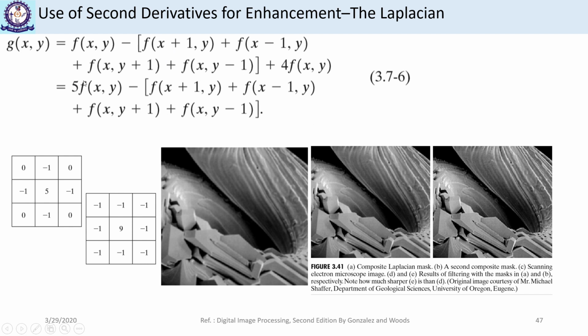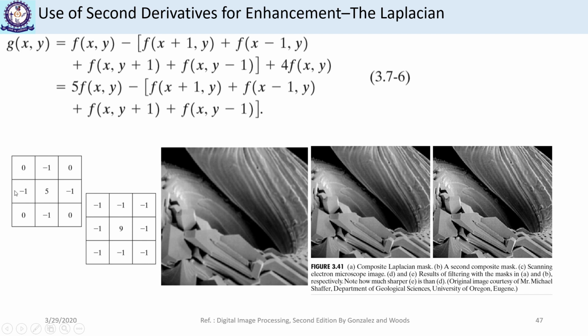Now if I want to write filter coefficients corresponding to this equation, the multiplier of fxy is considered the center coefficient. So fxy has the coefficient 5, so this is the center coefficient. And fx plus 1 y has coefficient -1.